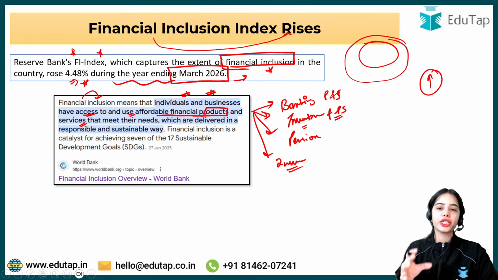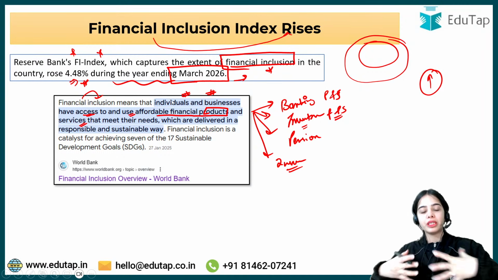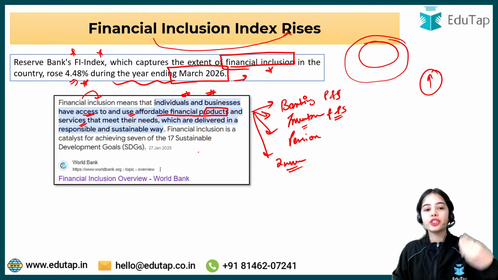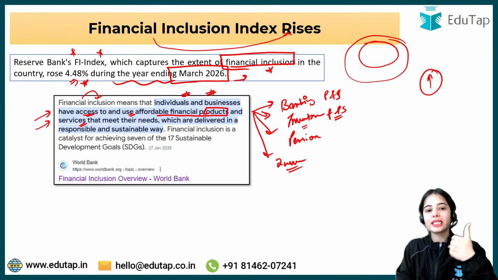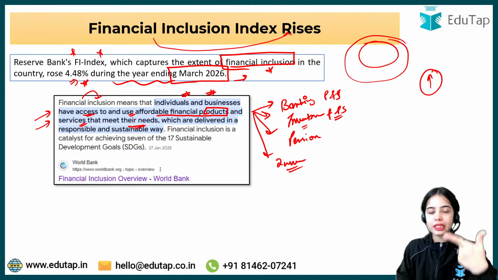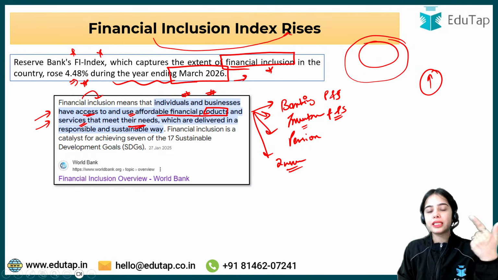So basically, financial inclusion means including the individuals and the businesses, who should have access to and be able to use affordable financial products and services that meet their needs, such as insurance needs, pension needs, banking needs and investment needs.